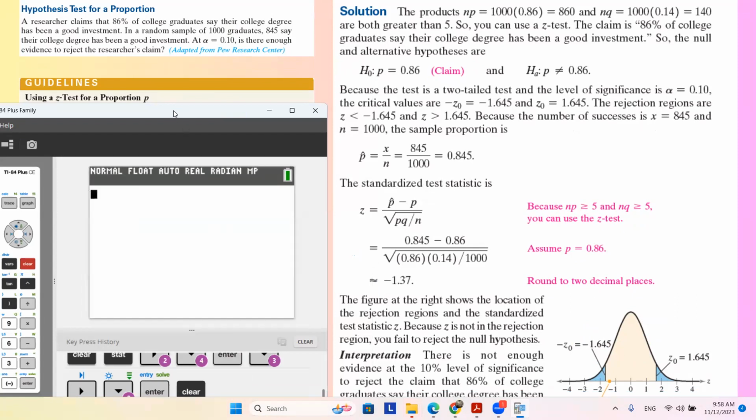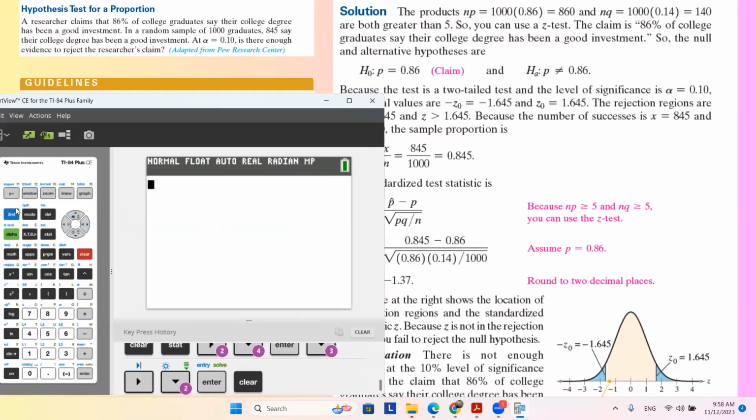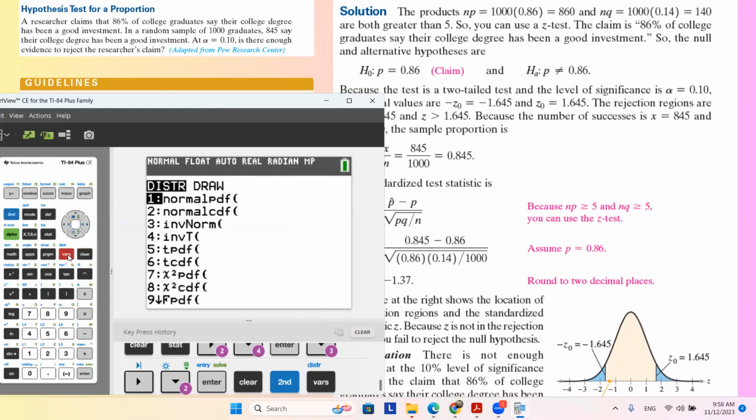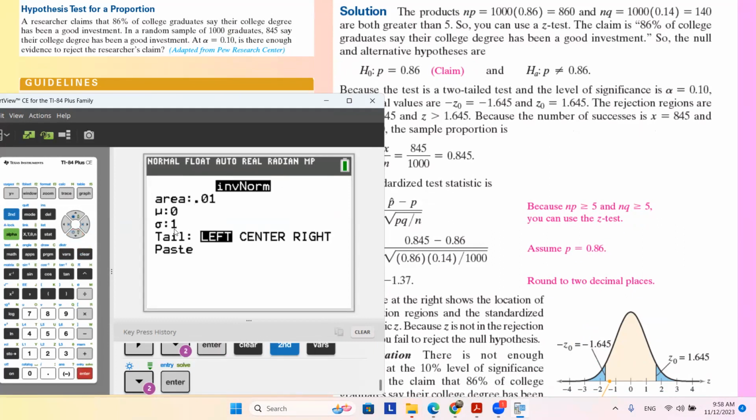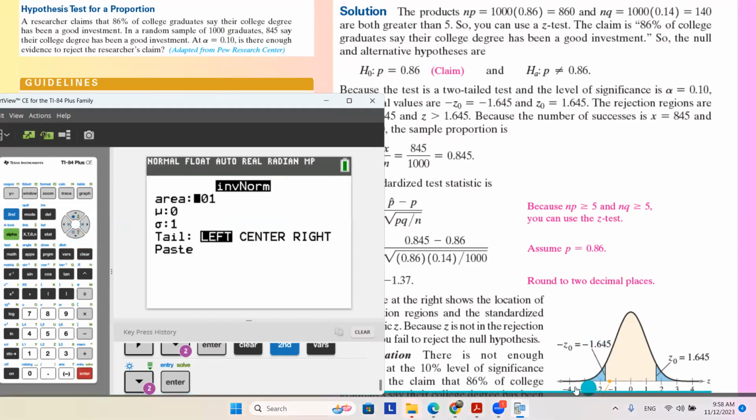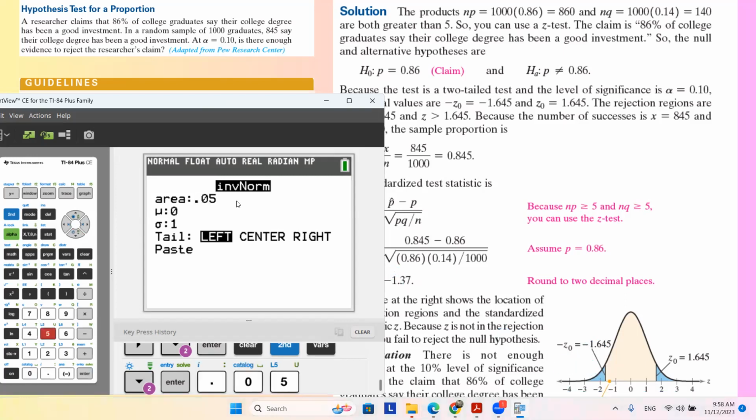So what are you going to do? You're going to go to second, vars, and since you're looking for your z-value and you have the area, you're going to use inverse norm. Again, half of this area is on the left-hand side. So we're going to use 5%. 10% divided by 2 is 5%.